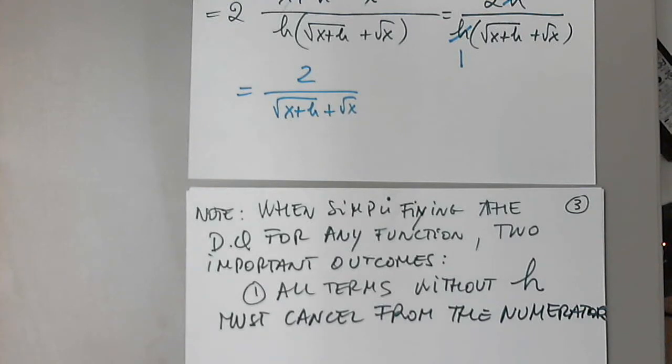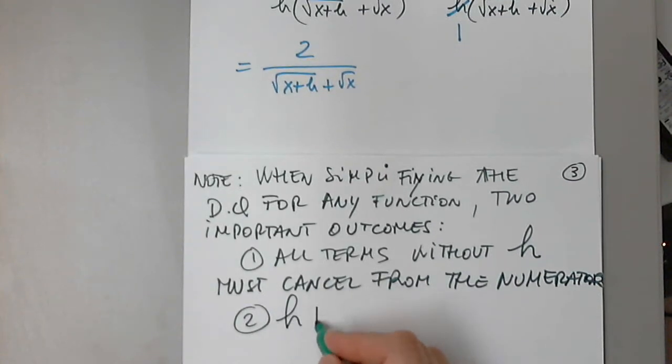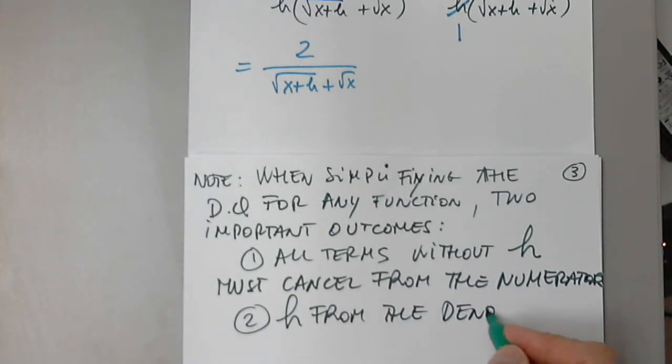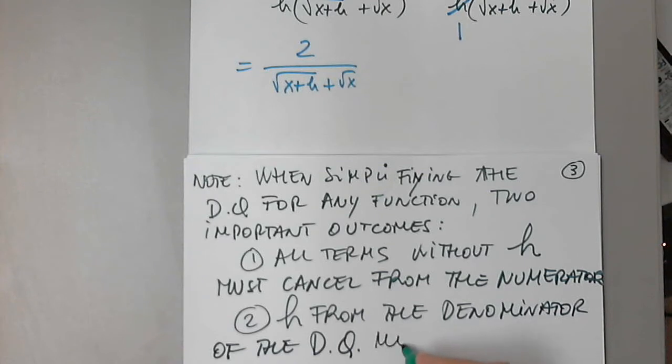Two, the h from the denominator of the difference quotient must simplify with something from the top.